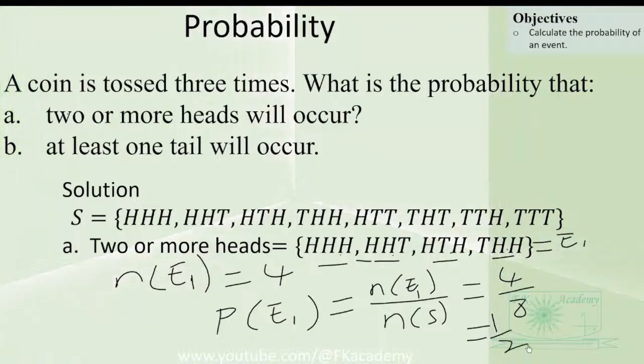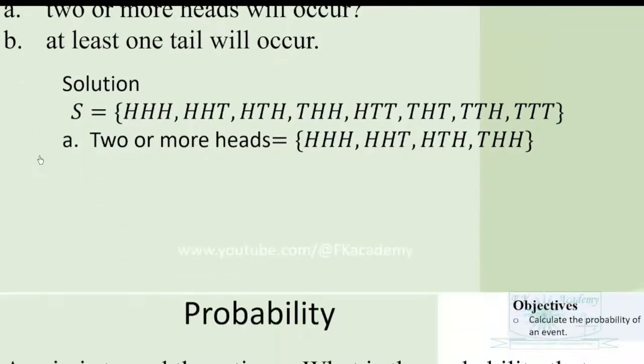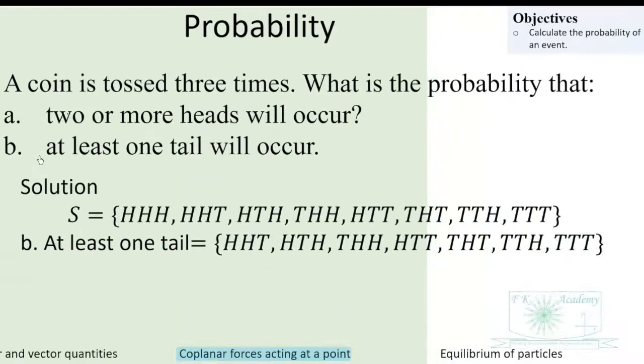Then let's look at the second event, event 2. At least 1 tail will occur. So at least 1 tail is all these elements here. At least 1 tail means 1 tail or 2 tails or 3 tails, and we have 1, 2, 3, 4, 5, 6, 7.